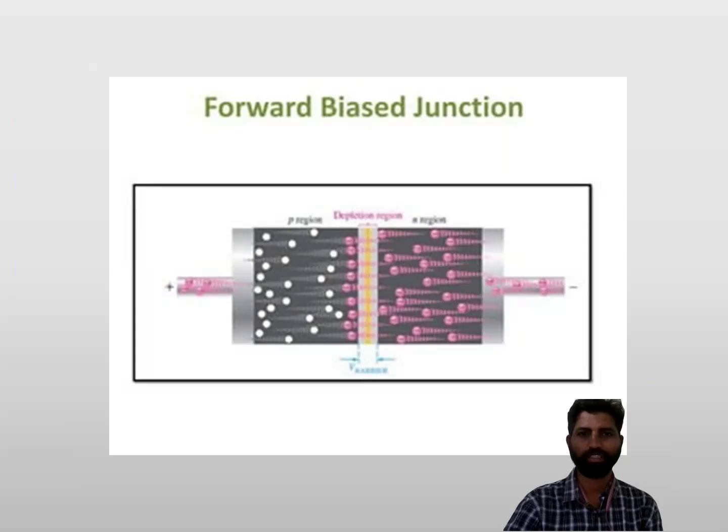Once it decreases, there is the start of the flow of charge carriers. As you can see, the electrons are moving towards the junction, and holes are moving towards the junction, because the electrons are attracted to the positive terminal and holes are attracted to the negative terminal. So this builds the flow of charge carriers in the P and N material as the depletion region decreases due to the forward bias condition.